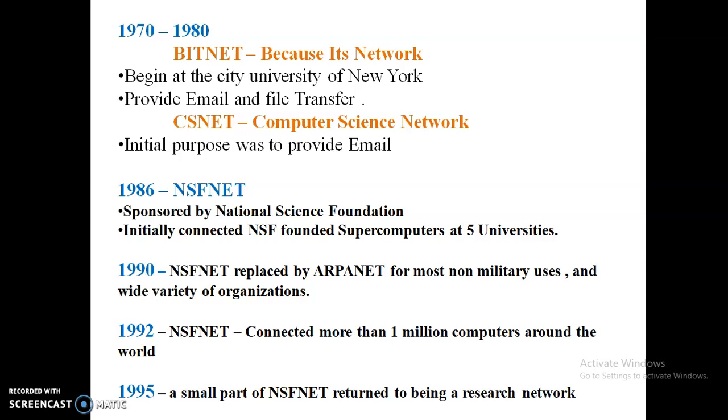CSNet means Computer Science Network. The purpose of CSNet was to provide email. It connected the University of Delaware, Purdue University, the University of Wisconsin, Rand Corporation, and Bolt and Newman. The initial purpose was to provide email only. For a variety of reasons, neither BitNet nor CSNet became a dominant national network.